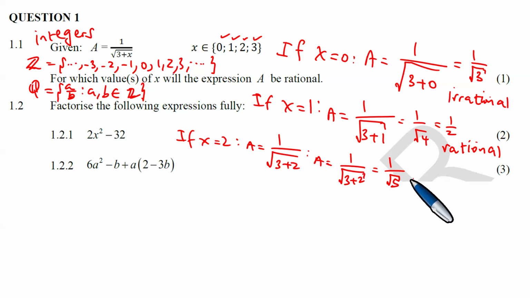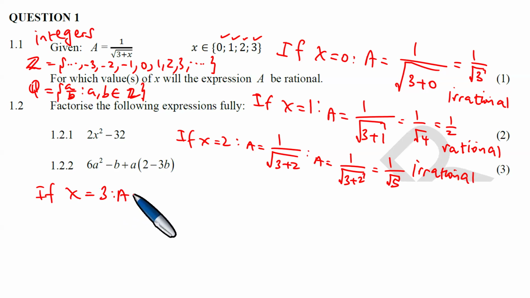If you use your calculator, the square root of 5 is going to be 2 point something. The square root of 5 is irrational, so 1 divided by that is irrational. Then the last one in the set is x equals 3, because we've gone through 0, 1, 2.